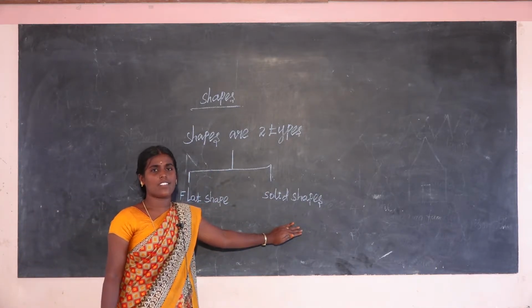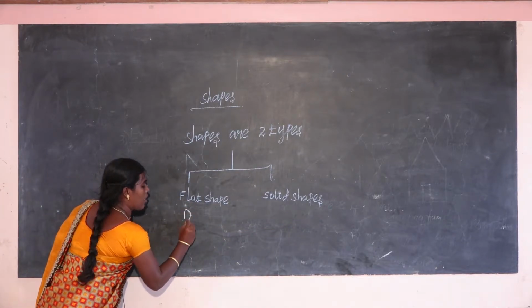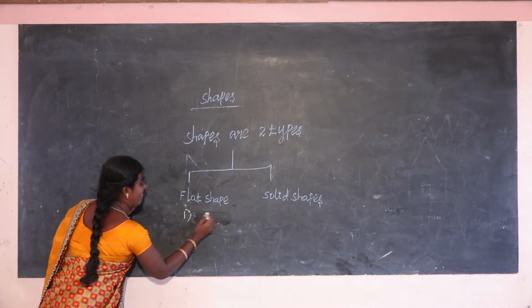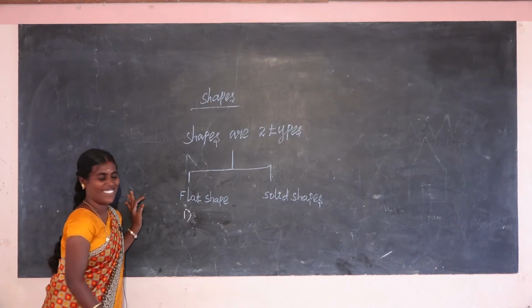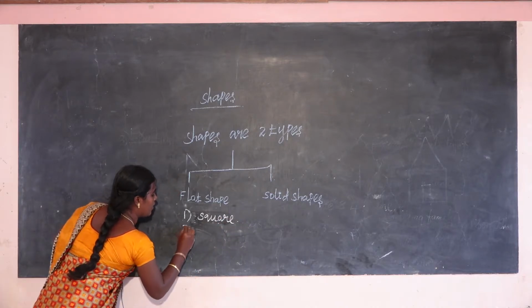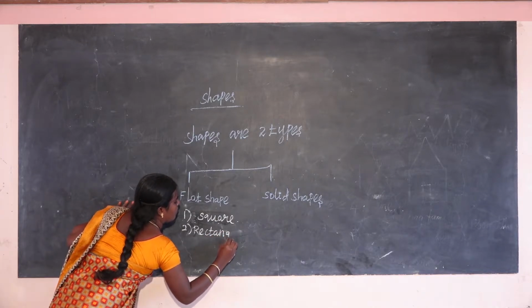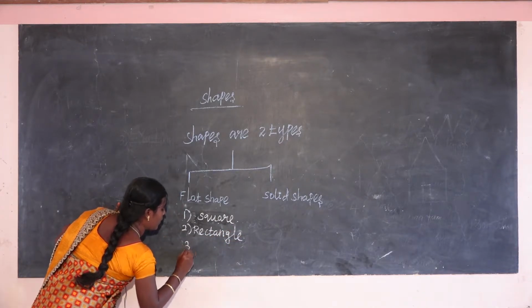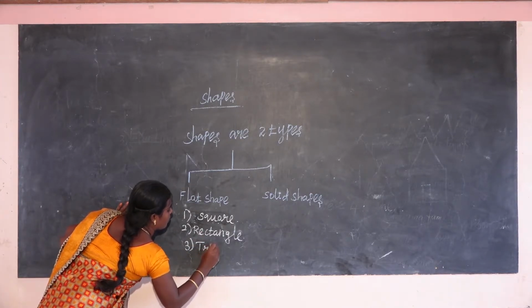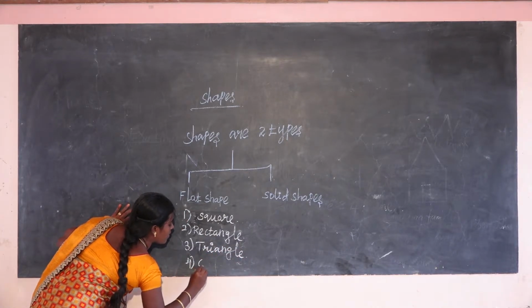See the classroom. The first example of a flat shape is this: square, rectangle, then triangle, the fourth one is circle.